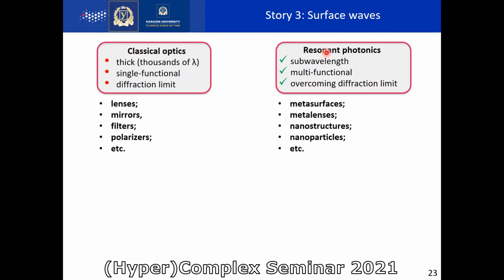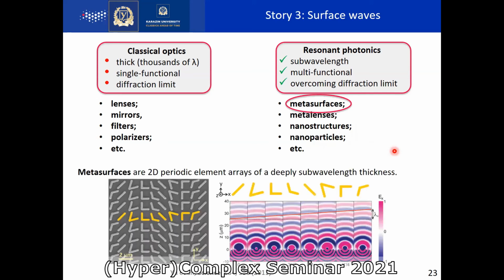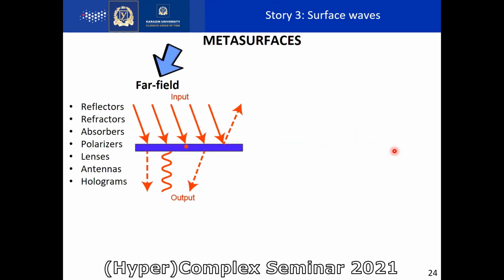And the resonant photonics platform consists of metasurfaces, metalenses, different nanostructures, nanoparticles, and my research focuses especially on metasurfaces, which are two-dimensional periodic arrays of deeply subwavelength scatterers, enabling us to manipulate light on demand. And of course, the study of metasurfaces could be divided into two branches.